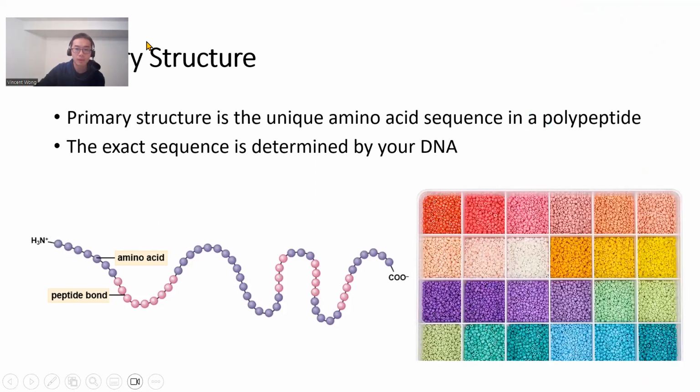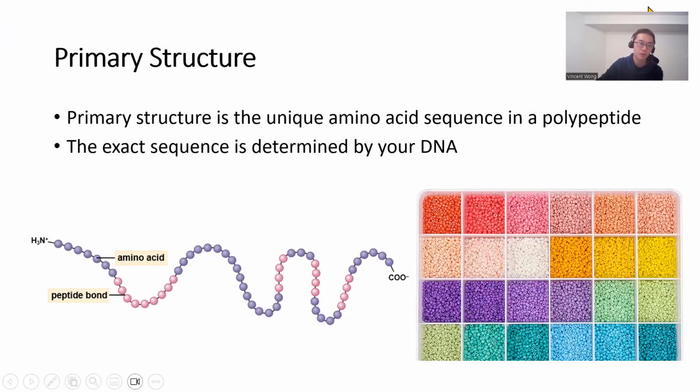Let's start with the first one, the primary structure. I already gave this analogy earlier. The primary structure is the unique amino acid sequence in the polypeptide. Polypeptide is the whole strand, but what amino acids are we connecting together? If we read the amino acids from one end to the other, that sequence is called the primary structure. Think of the color beads.